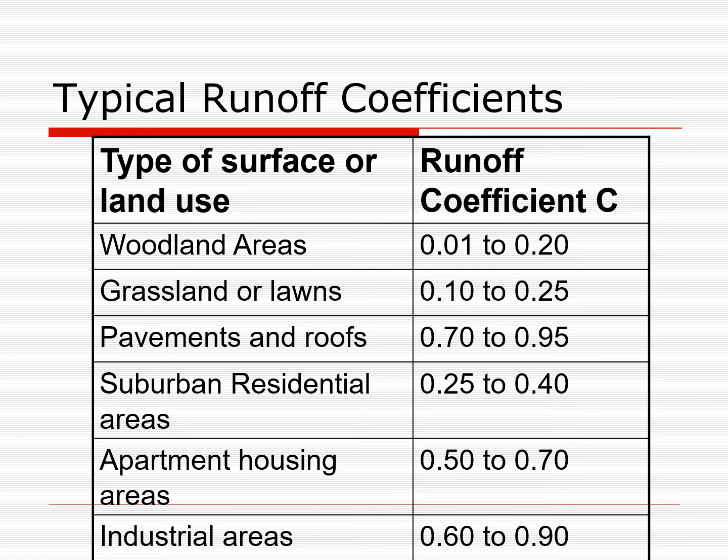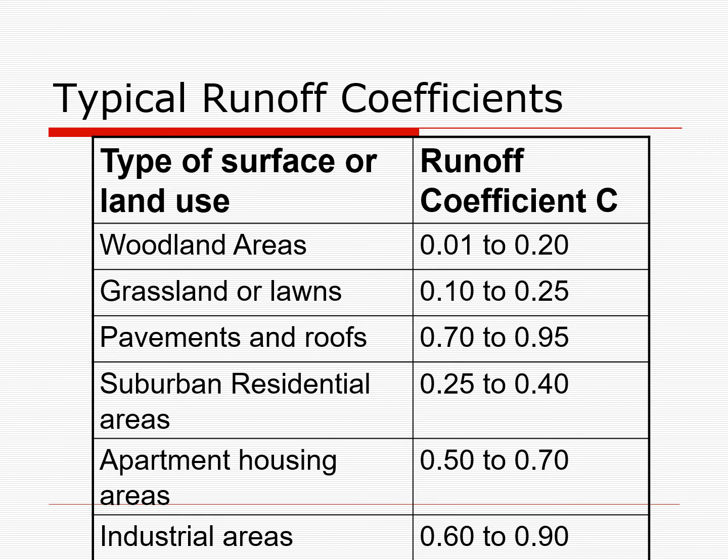Now, I know you may be saying, well, isn't a roof and pavement impervious, so shouldn't that be 1? The answer is yes, pavement and roofs are essentially impervious, but if you ever see any type of development, I don't generally have 100% pavement.